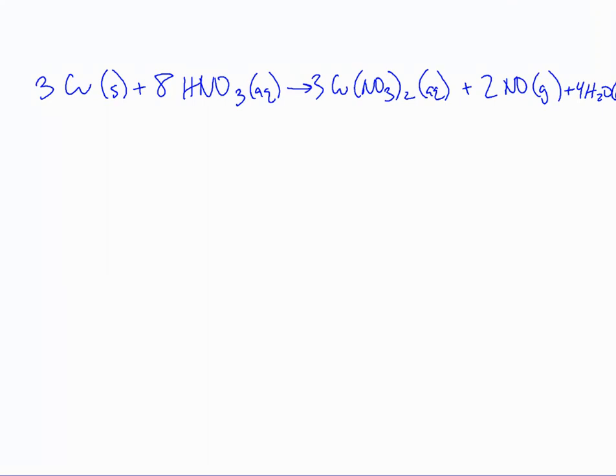So taking a look at these, copper is in its elemental form. It has no charge. Its oxidation number is 0. And the next one, oxygen is -2. This is a nitrate. So its overall charge is -1. So here's -6. Nitrogen needs to be +5. Hydrogen will be +1.